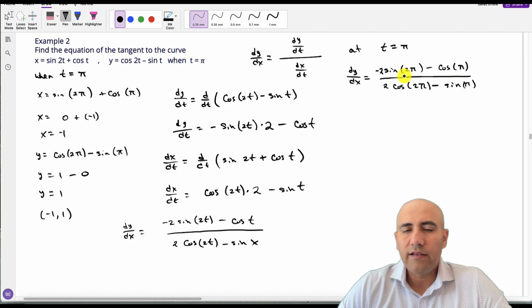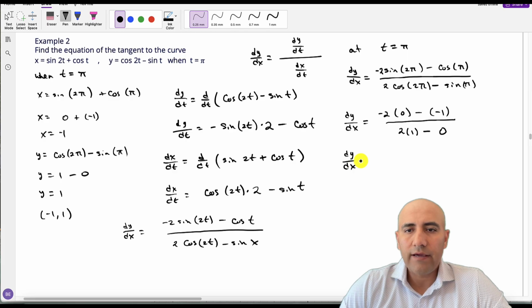Okay, so sine of pi is 0, so dy/dx is equal to minus 2 times 0, since sine of 2 pi is 0, minus cosine of pi, which is minus 1, and then cosine of 2 pi is 1, so we get 2 times 1, minus sine of pi, which is 0. So dy/dx becomes 0 minus minus 1, which is 1 over 2. So 1/2. So our slope is equal to 1/2 at that point.